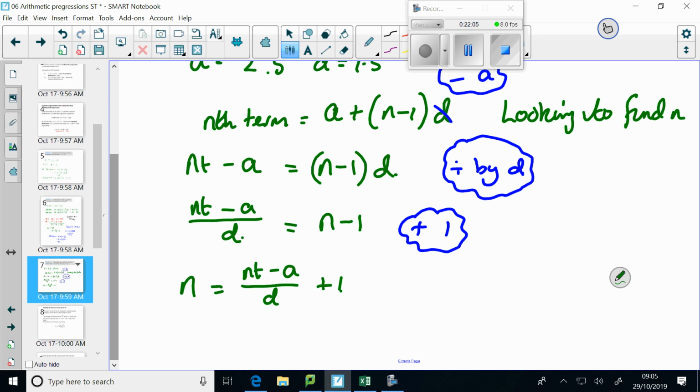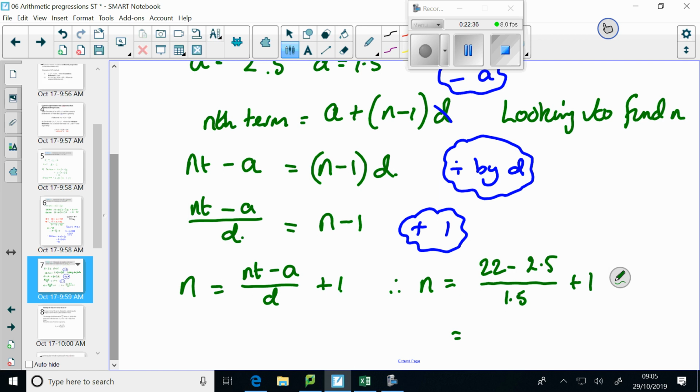It's the value of the nth term, remember? So in this question that is 22, isn't it? Value of nth term, 22, minus a, what was a? Over d, plus 1.